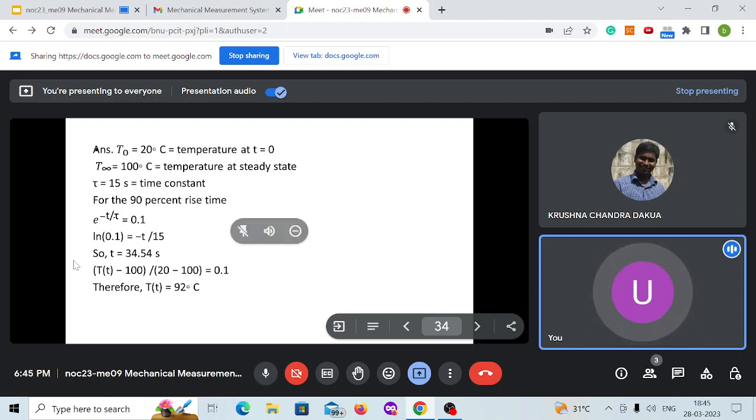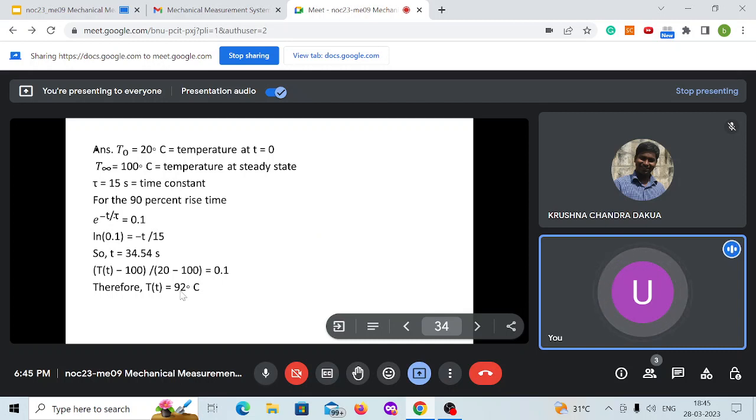So the temperature minus the fluid temperature, divided by 20 minus the fluid temperature, equals 0.1. When you solve this equation, at t equals 34.54 seconds, the temperature is 92 degrees Celsius.